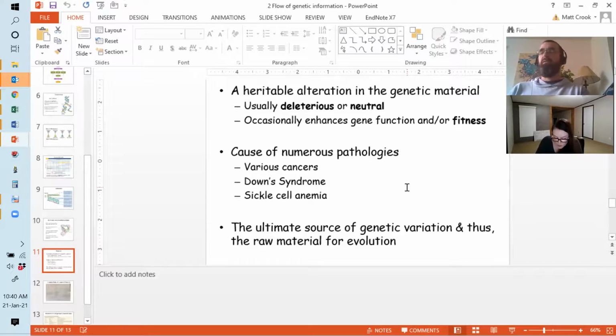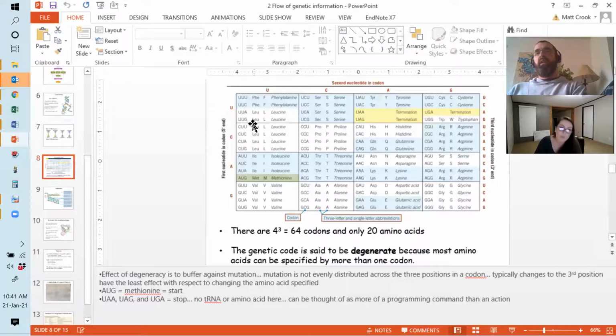So you just pass that on to your offspring and they pass it on to theirs, and it doesn't make any difference, right? That's the majority of mutations. As I was saying earlier on, you can have mutations occur in the third base of many codons in a protein coding gene.